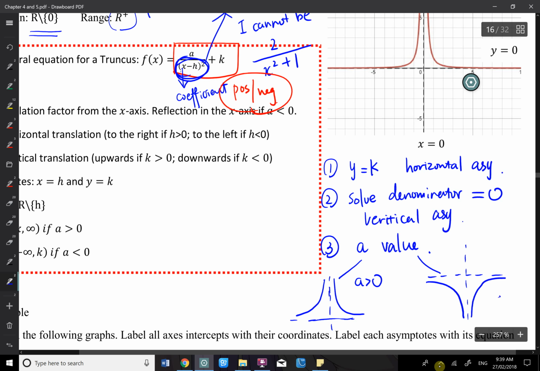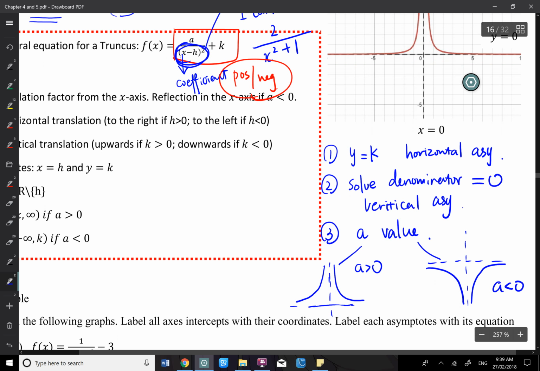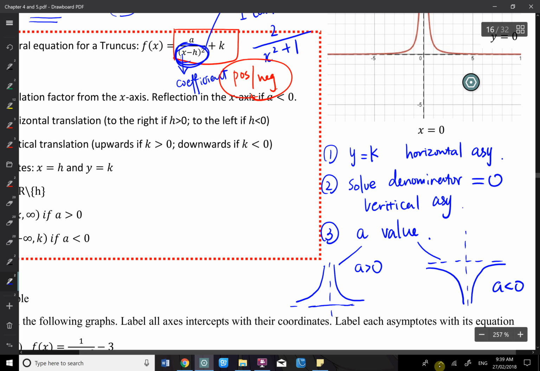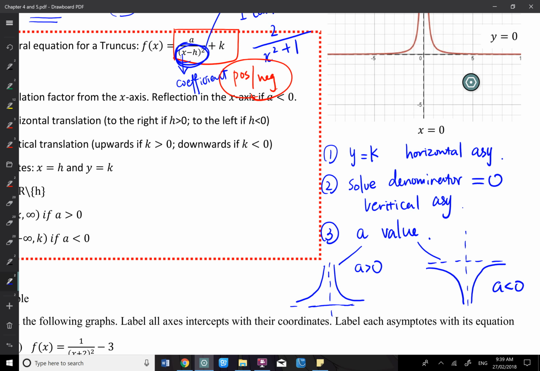If a is negative, you will have the bottom 2, reflected down. It's very similar to the hyperbola graph. If it's positive, first and third; if it's negative, second and fourth. So that's how the graph looks like.